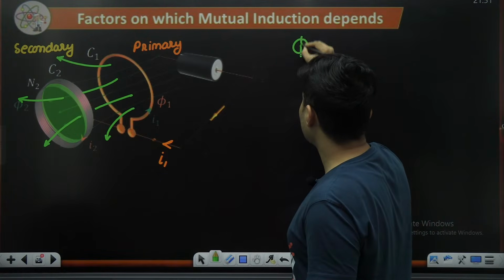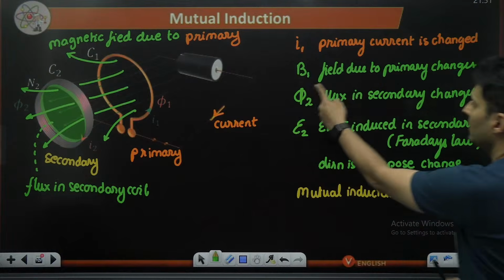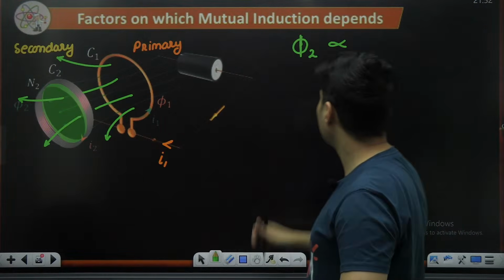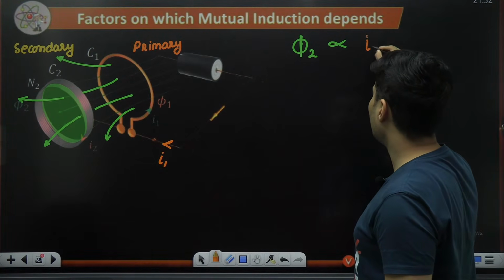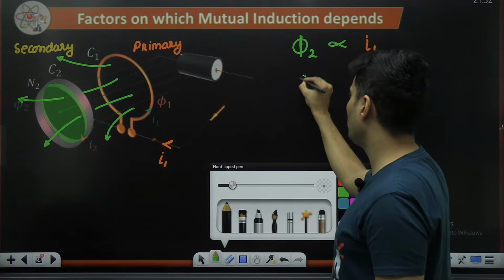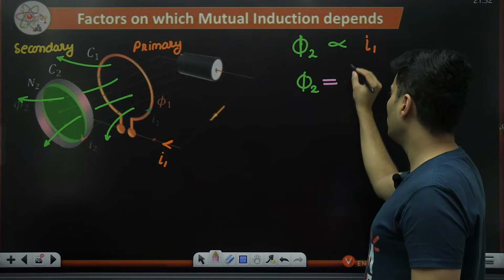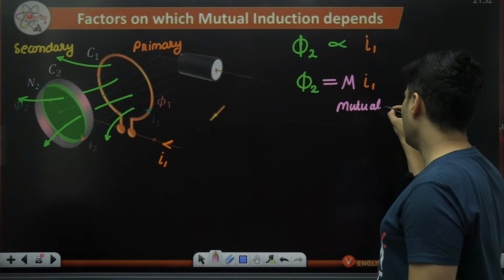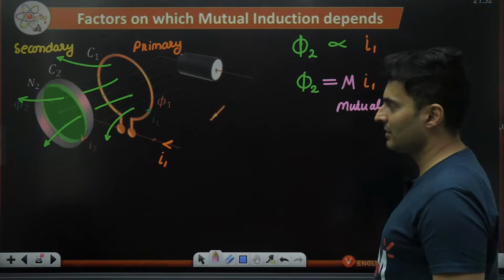The flux in the secondary is dependent on the current in the primary. So I will say it is proportional to the current which is there in the primary. I want a constant of proportionality. So I will write down over here equal to, and I will put M. This is called mutual inductance.